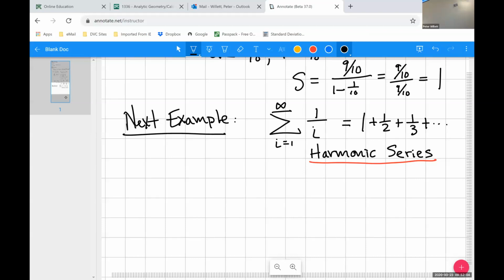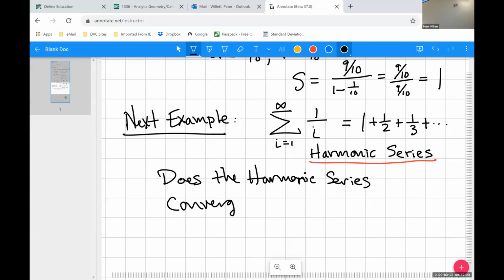Okay, all right. So the question is, does the harmonic series, since this one gets a name, converge or diverge?